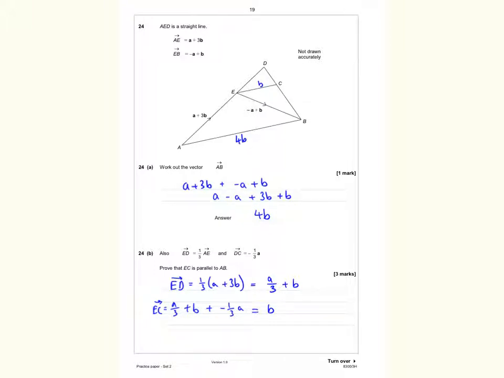So we can say that 4 times EC, I should put an arrow here, that was AB and this was EC, so 4 times EC is equal to AB, and then you can say, let's write it down: as AB is a multiple of EC, they are parallel.